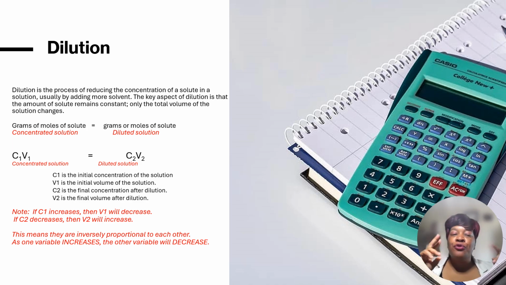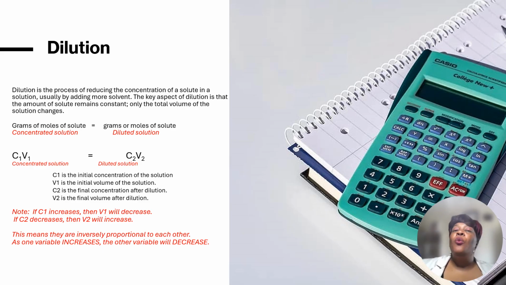Now, you have 2 types of formulas that you need to know. Grams or moles of solute equals grams or moles of solute, meaning that the concentrated solution is equal to the diluted solution. The formula that you will see in part 2: C1 times V1 equals C2 times V2.